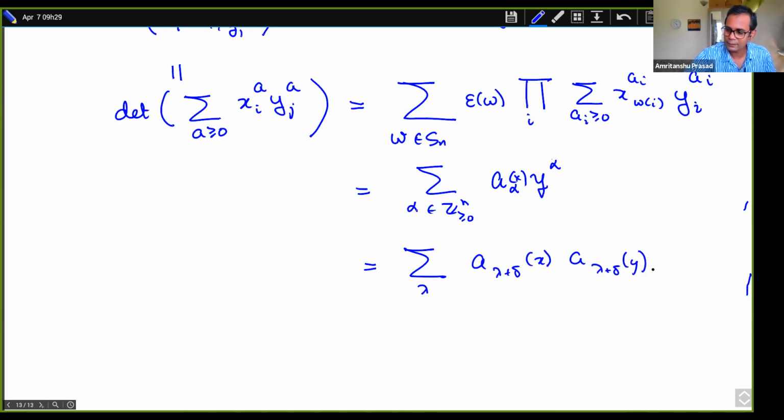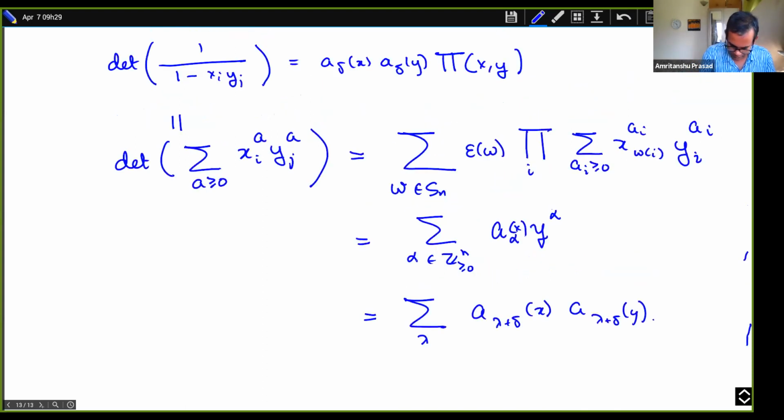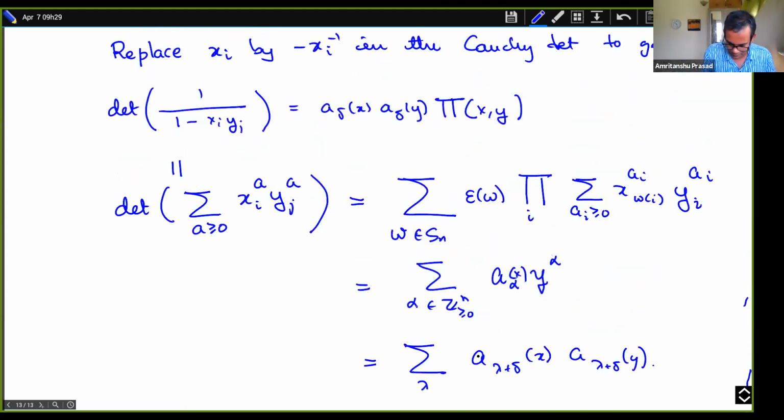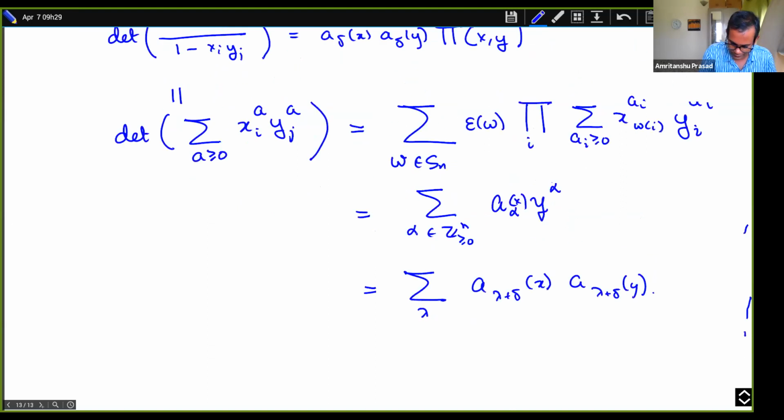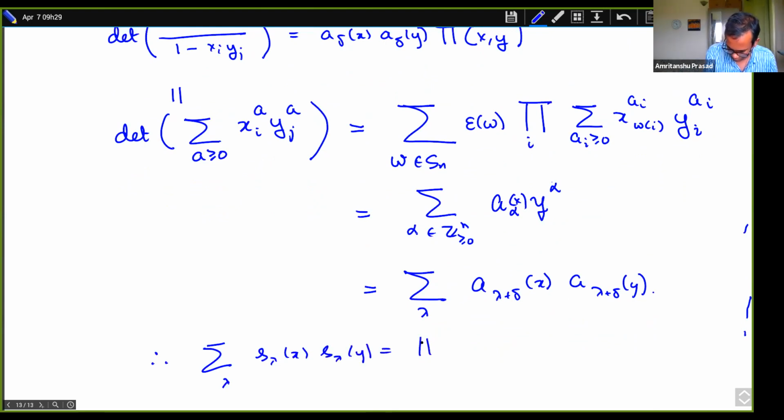Okay, and that basically proves it, right? Because what we get is this determinant is a lambda. So now dividing this identity by a delta x, a delta y gives the identity for true polynomials in n variables for every n.